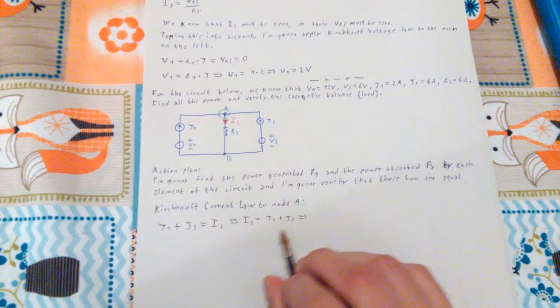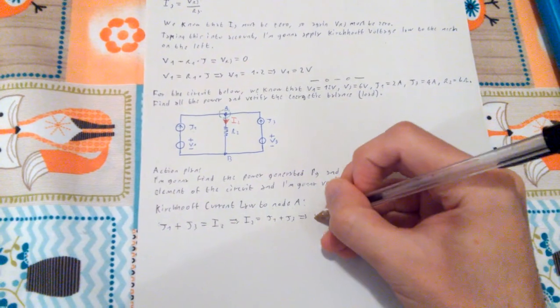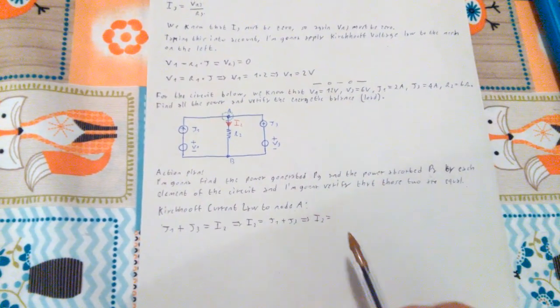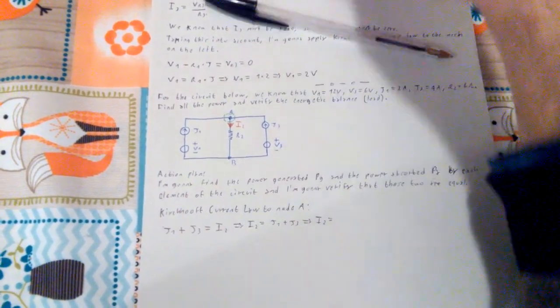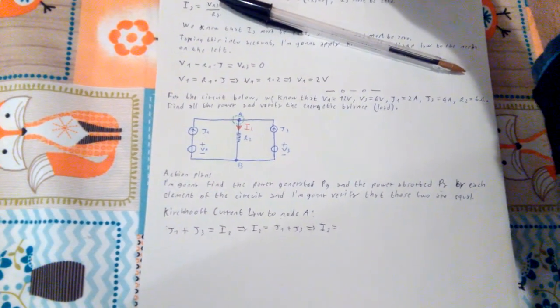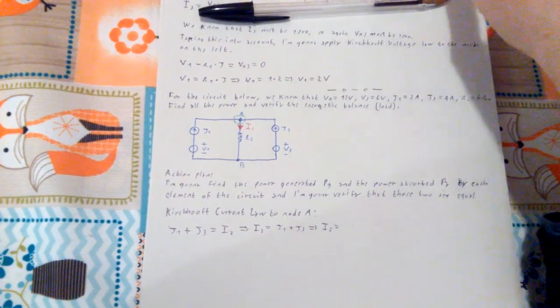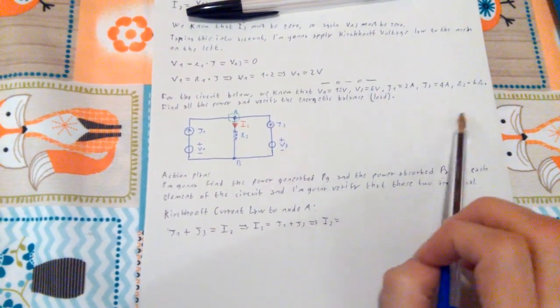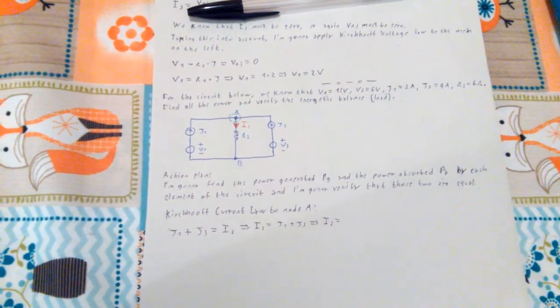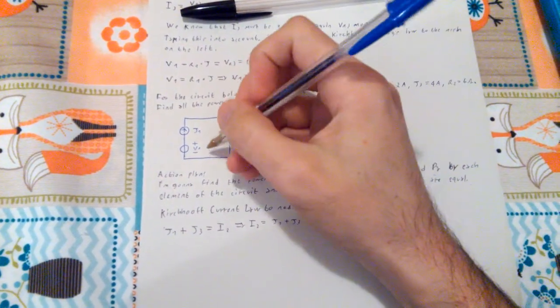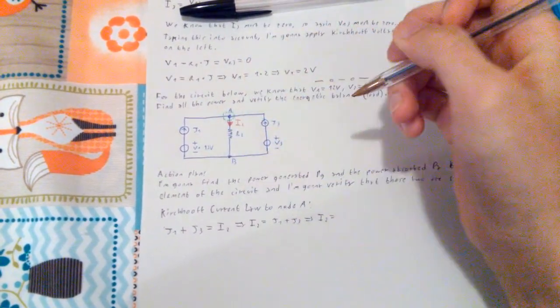Now if I substitute those values here, I get that I2 is actually J1... Oh, I didn't write them in the circuit. I should always do that, otherwise I'm going to have to look up here all the time, and it's a bit annoying.